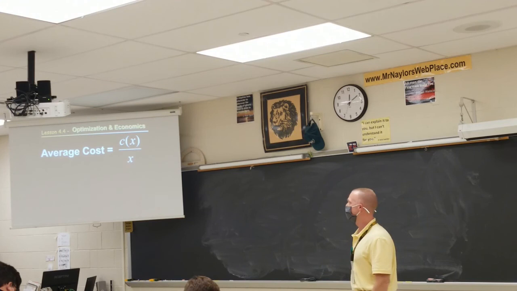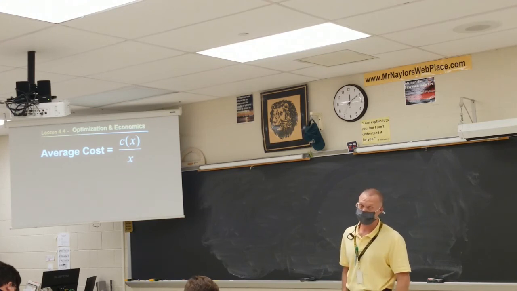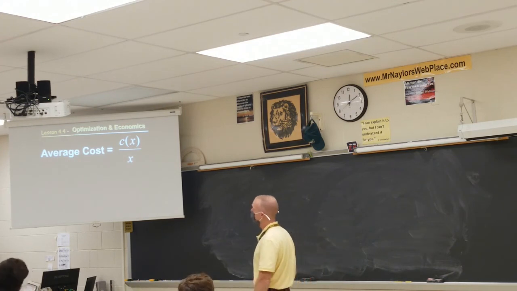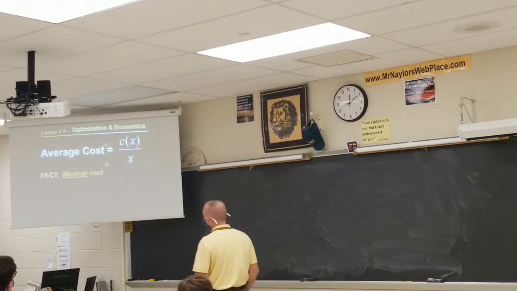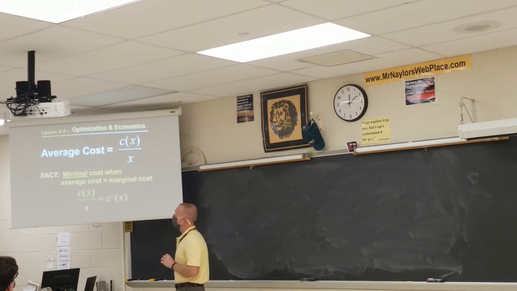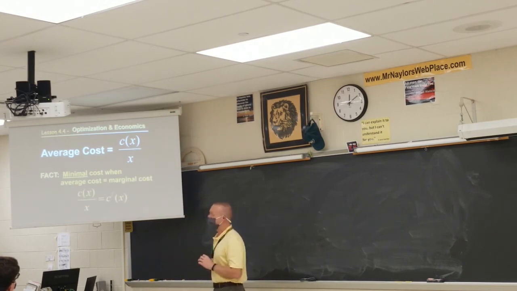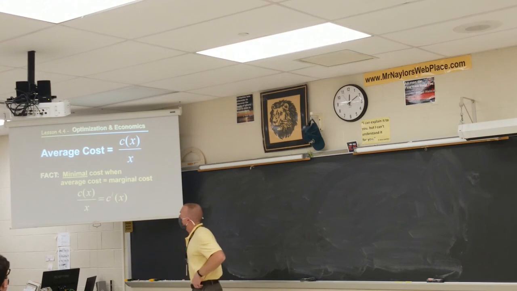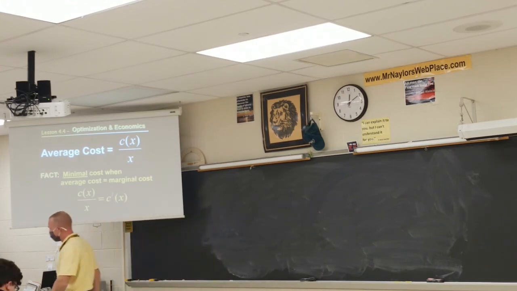That's what an average always is. But that works into something called a minimal cost, which again, usually we want to minimize cost. And here's the thing: a minimal cost is when an average is equal to a marginal.